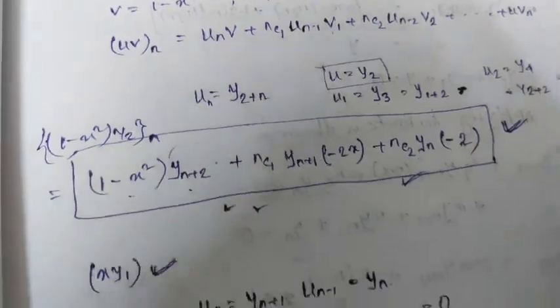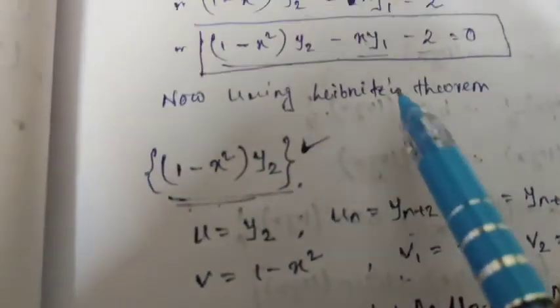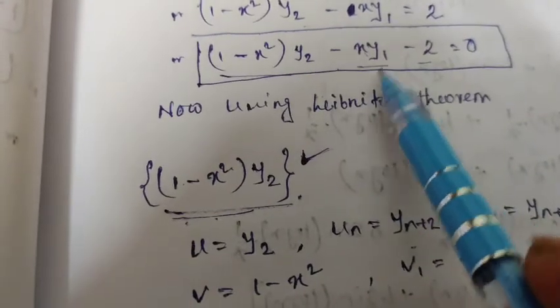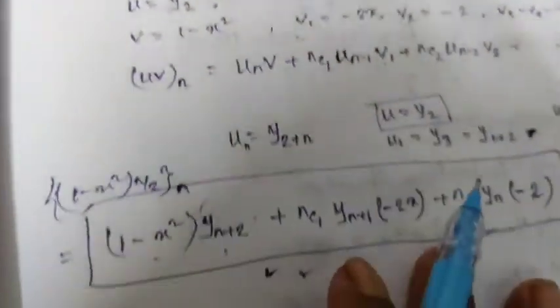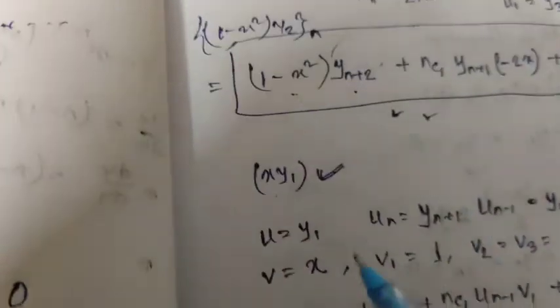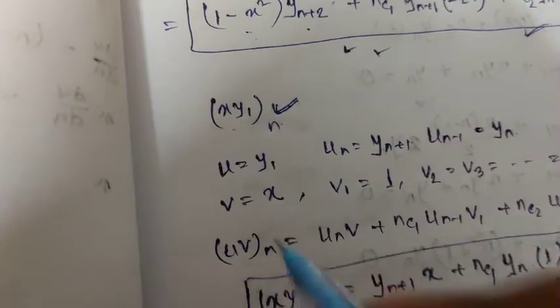Okay, now we have to consider the term xy1, and we will use the Leibniz theorem on this term. So (xy1)n. Here we take u is equal to y1 and v is equal to x.